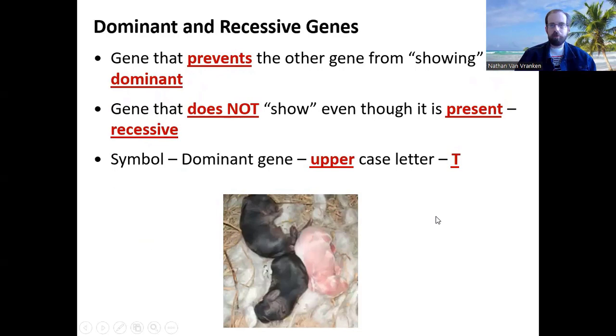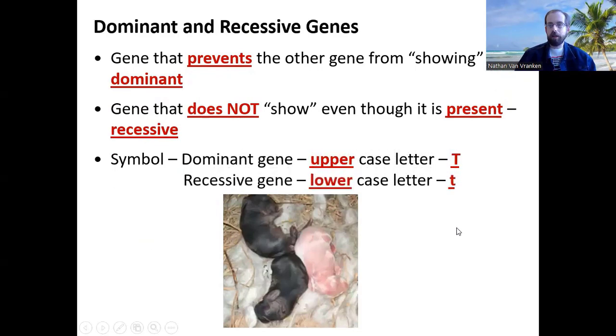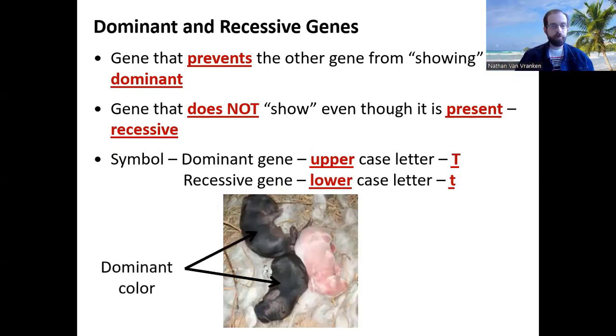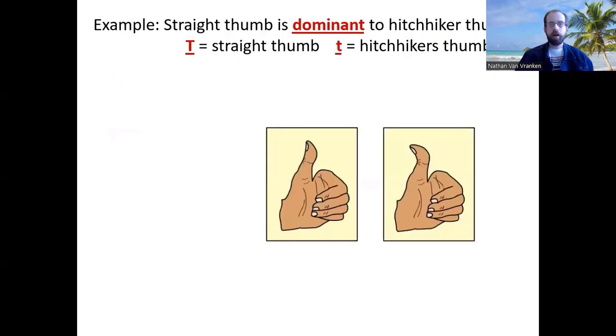There will be some notation that you will need to learn how to use as part of your science communication learning outcome this week. Here are a couple of pictures of puppies just to show you dominant and recessive color. Dominant will be more common in the gene pool and more expressive.